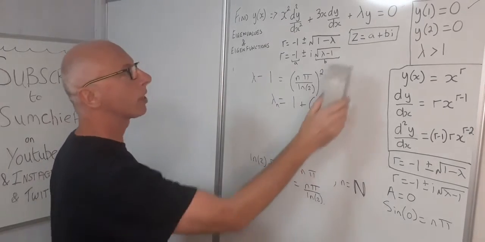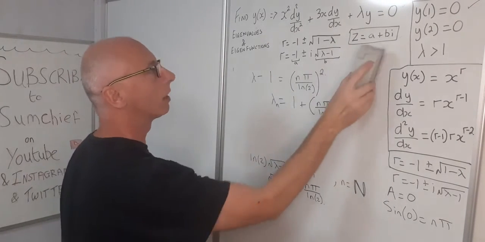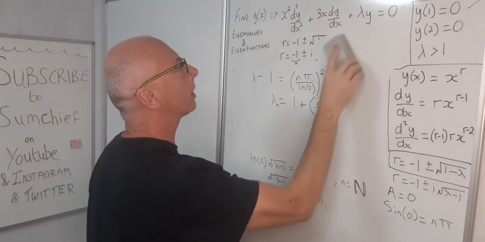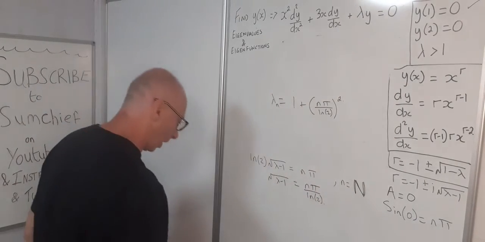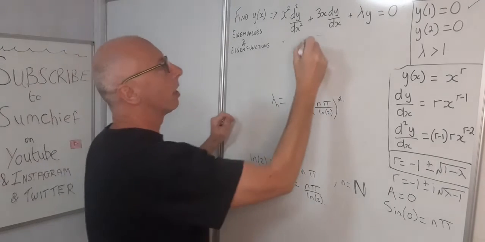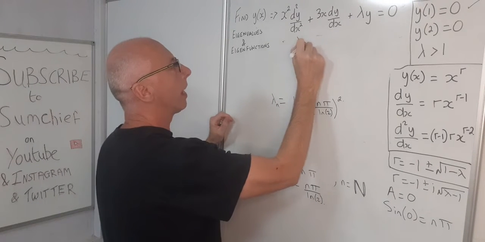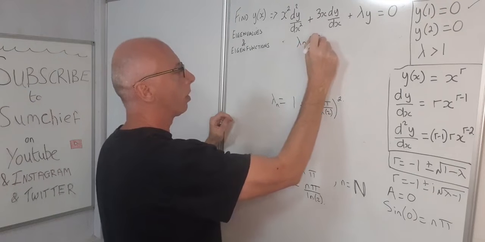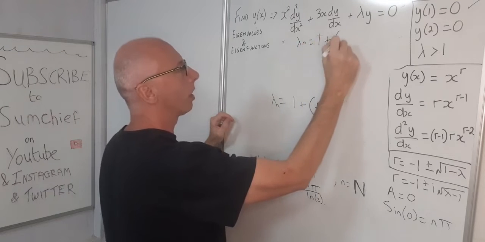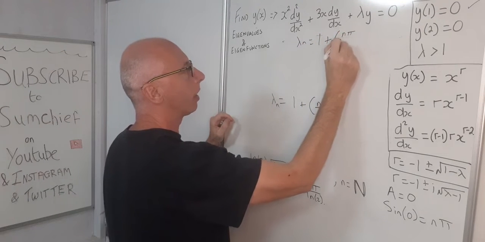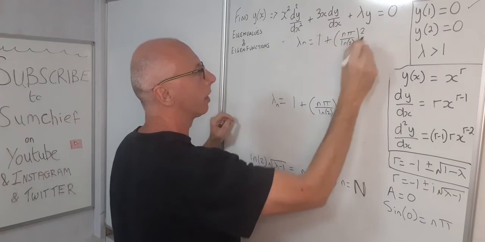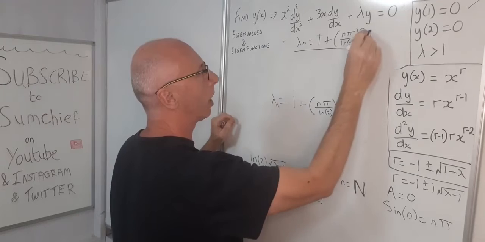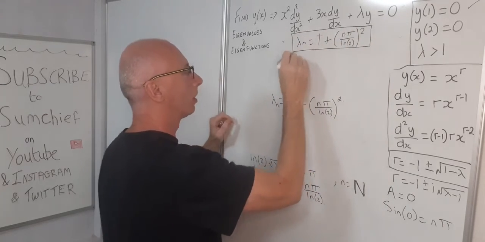So let's just plug this in up here. Lambda n equals 1 plus n pi over natural log of 2, squared. That's our first part, that's our eigenvalue.